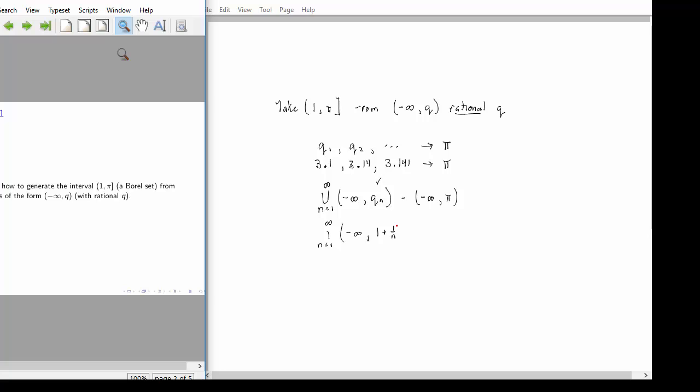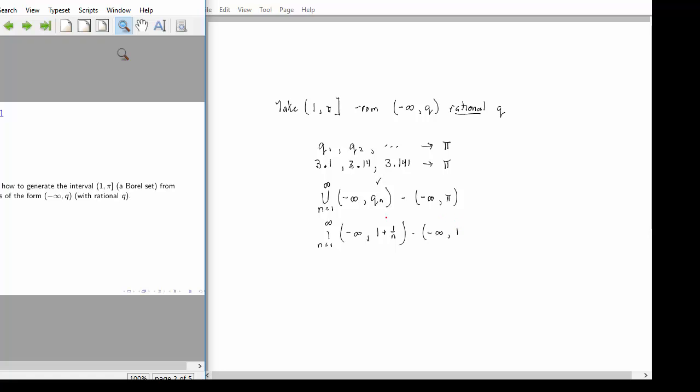I can consider intervals that extend up to 1 plus 1 over n. The number 1 is in all such intervals and is therefore included in the infinite intersection.